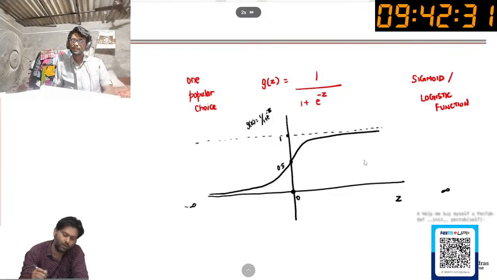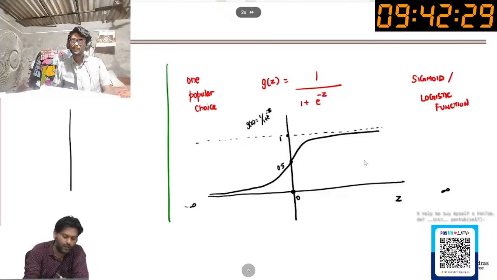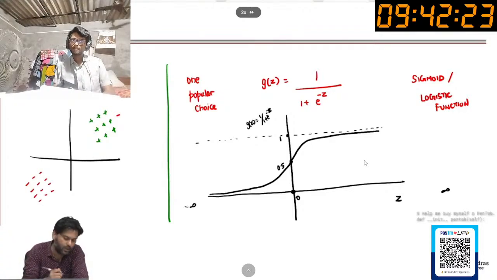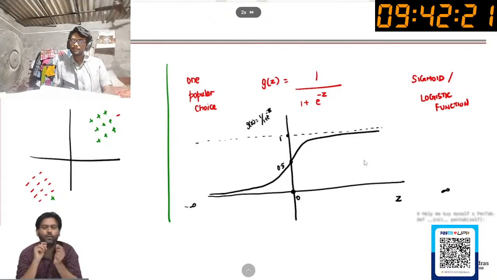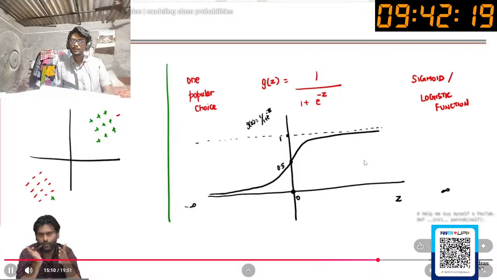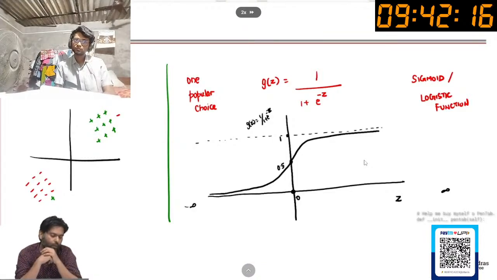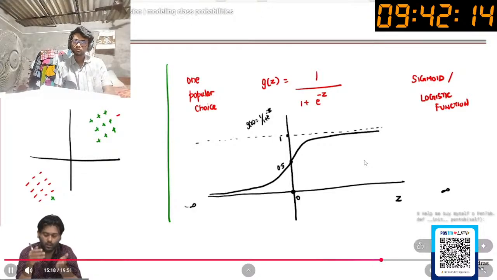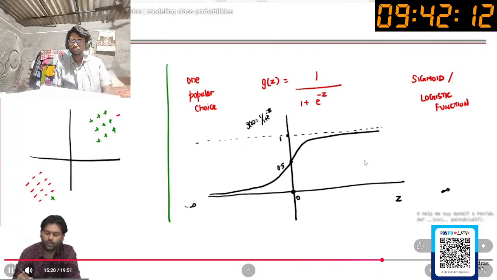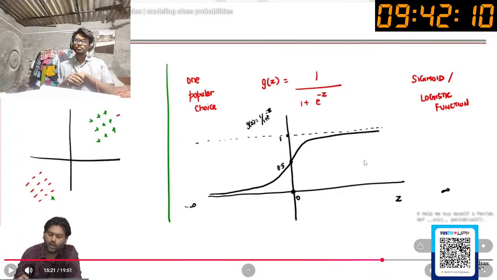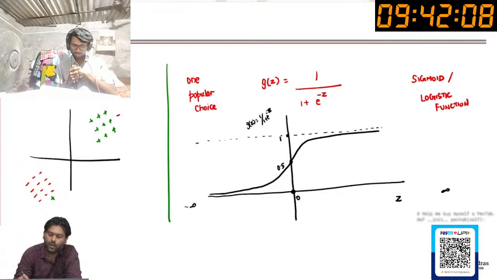Now let's ask the question: under this model, do I allow a data set like this? This is what we were not allowing earlier. This data set was okay even with perceptron, but this data set was not okay, right? The moment I put minus and plus on the opposite side of the one fixed w, it's not okay. Now is this data set allowed according to this model? In the perceptron model, the assumption is that we should have a strict linear separator.